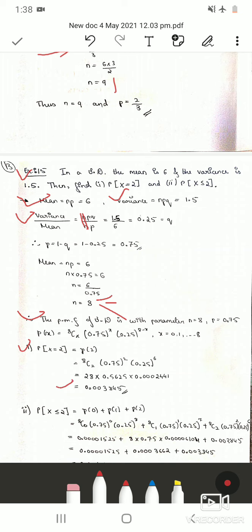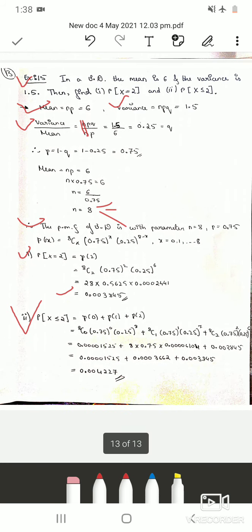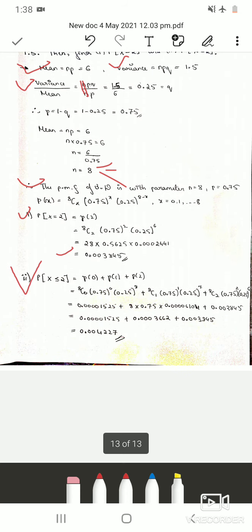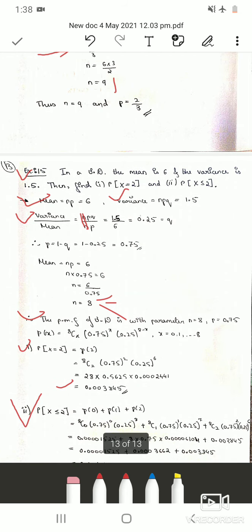You will get the answer as 0.003845. Then they have asked the probability of x less than or equal to 2, or at most 2. So it is P of 0 plus P of 1 plus P of 2. Simplify this and you will get the answer as 0.004227.